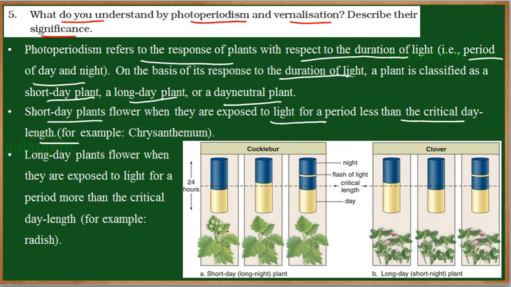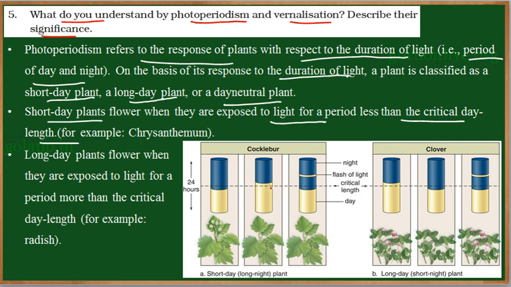This line represents the critical length, which is an equal amount of day and night. So if plants are exposed to light for a period less than the critical length, such plants are called short day plants.